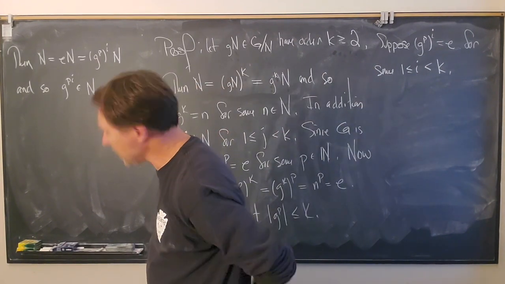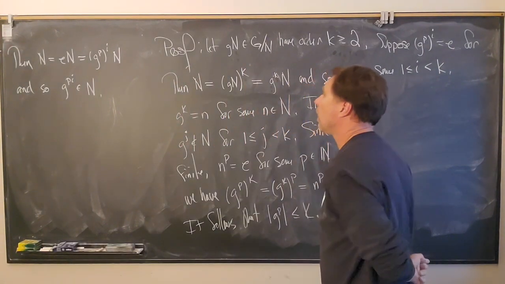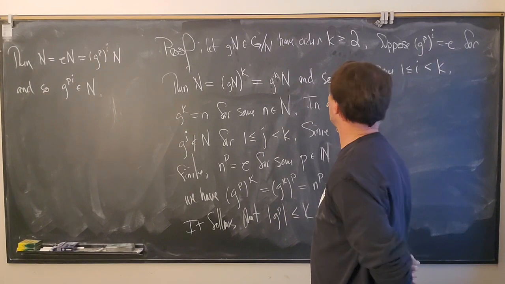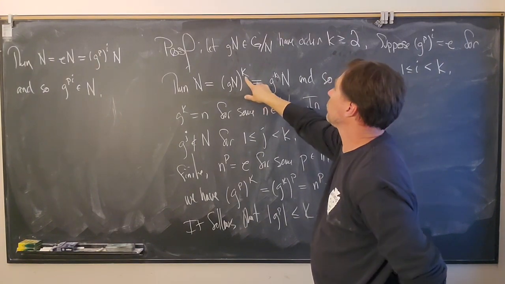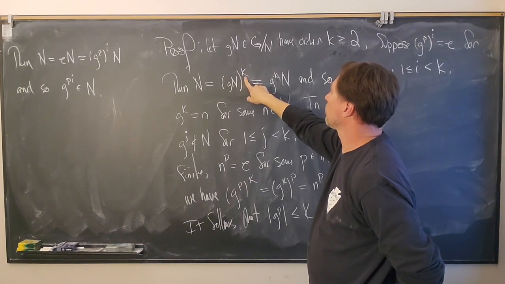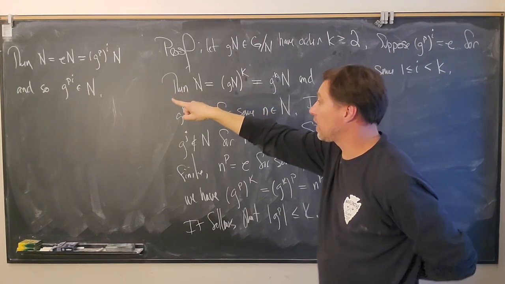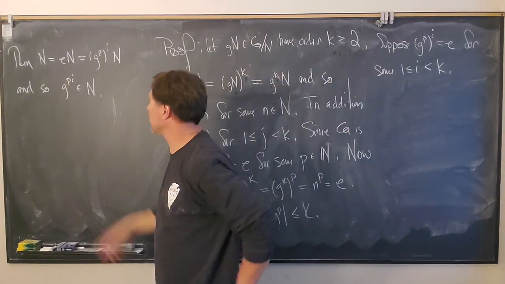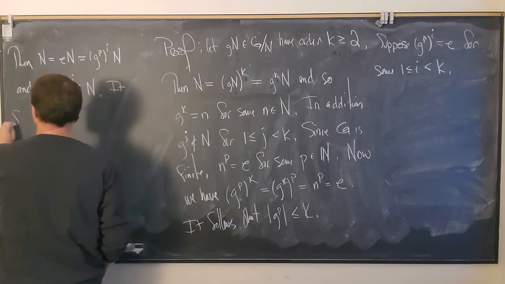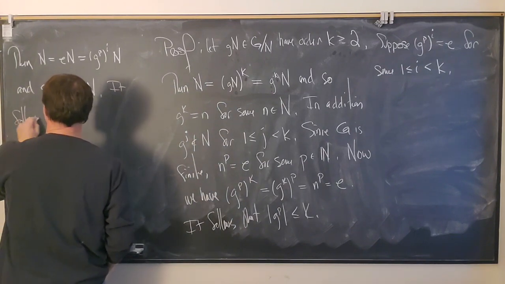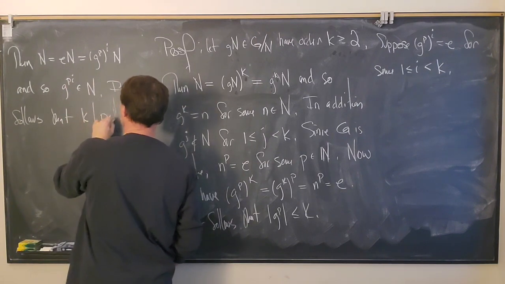So what does that mean then? The order of g to the n has to divide this number right here, p times i. So it follows that k divides p times i.